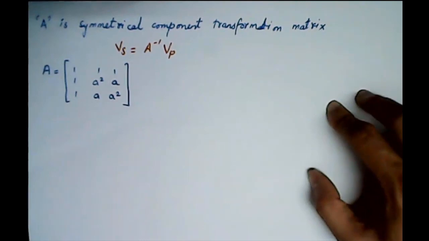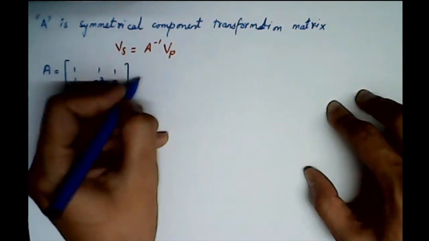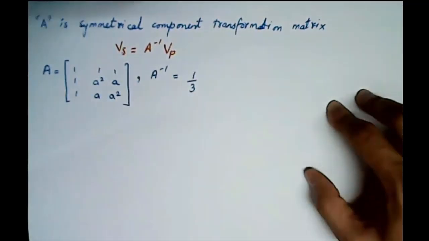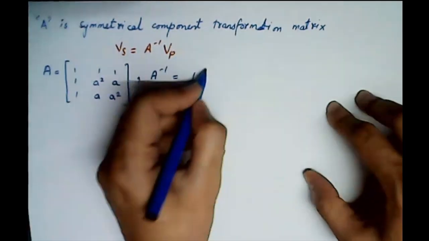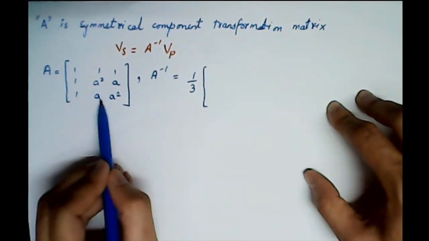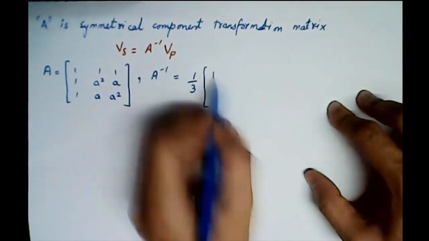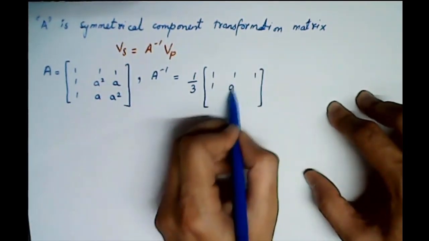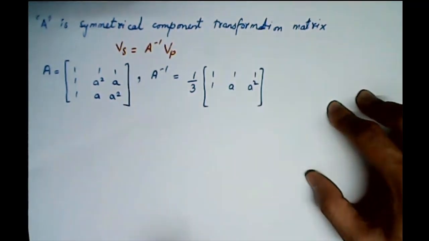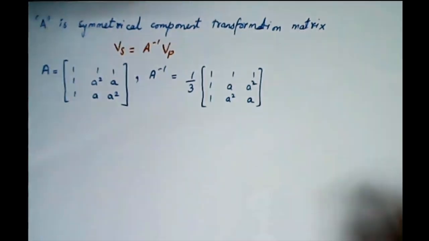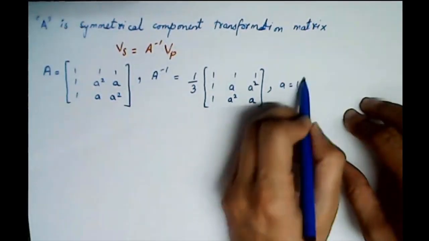When we take its inverse by taking the determinant and dividing with the transpose, A inverse will be equal to 1 over 3. Now this is easy, just swap the values of a and a square. This is a symmetrical matrix: 1 1 1; 1 a a square; 1 a square a, where a is equal to 1 angle 120.